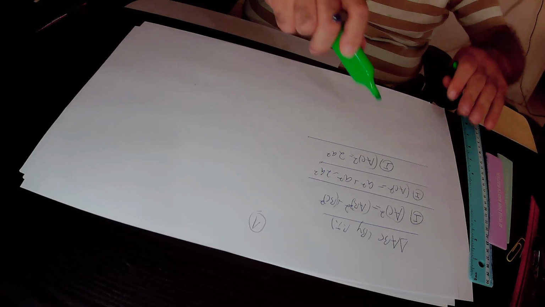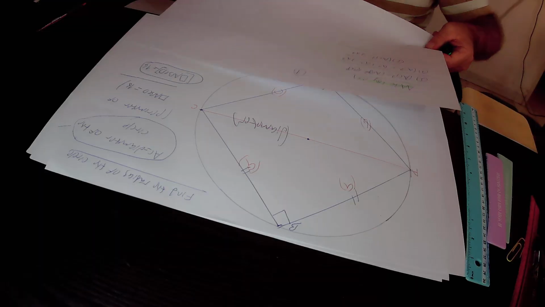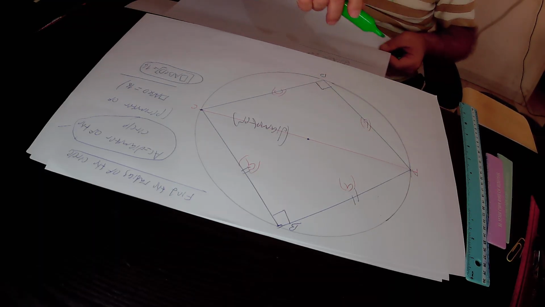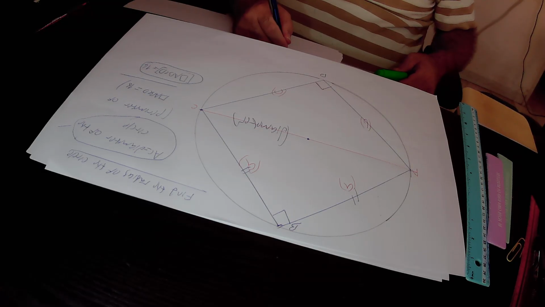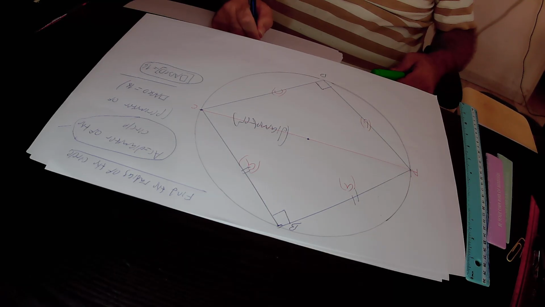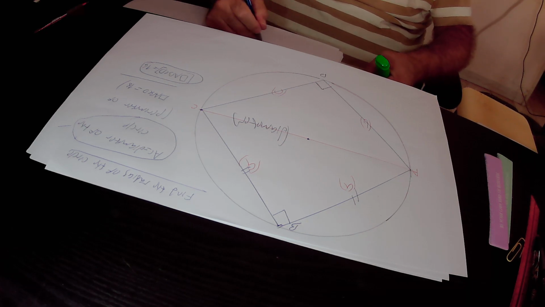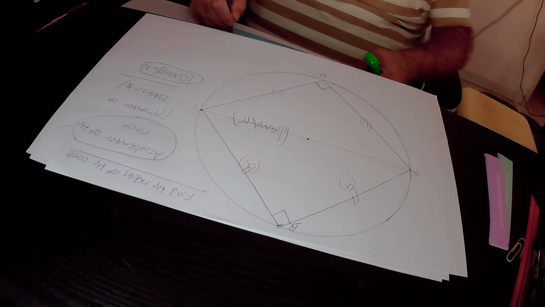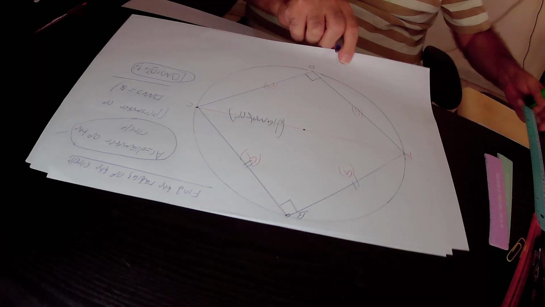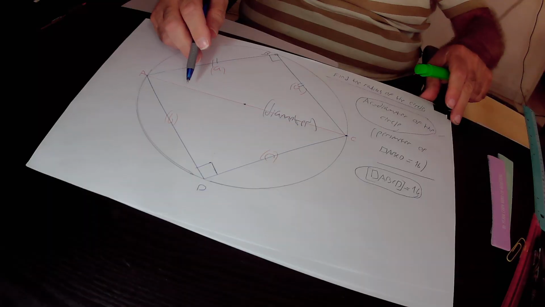In the next step, we will implement the Pythagorean theorem on this right triangle ADC.